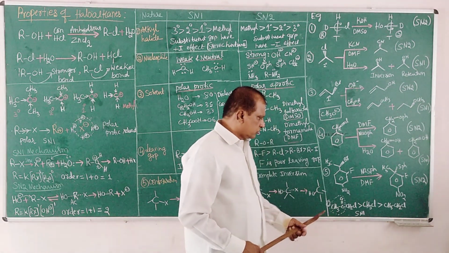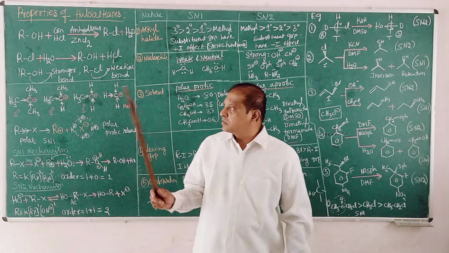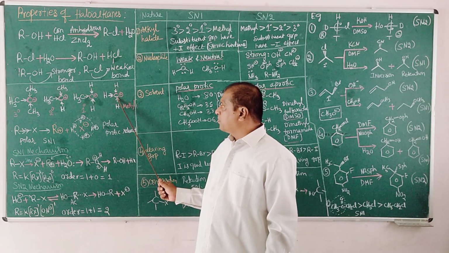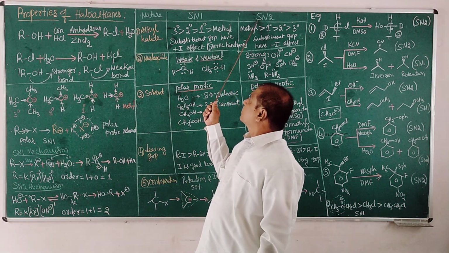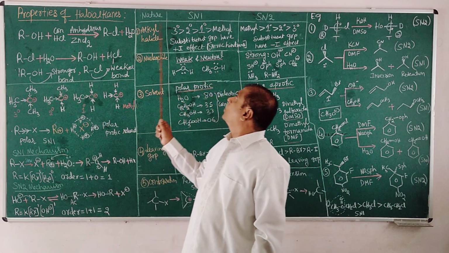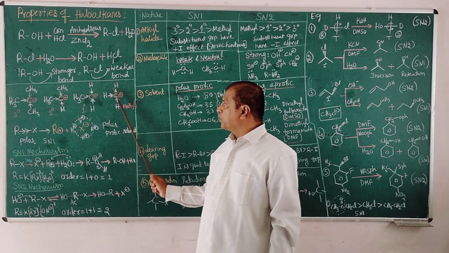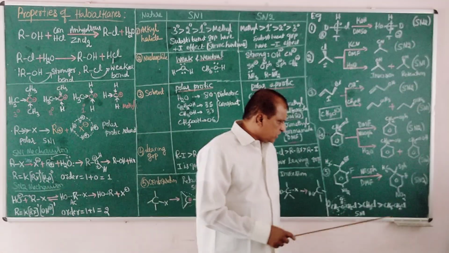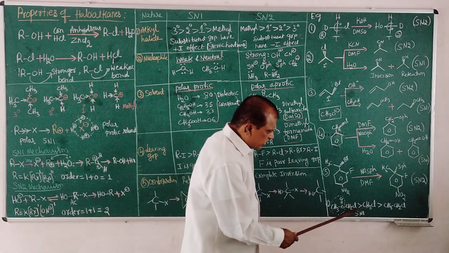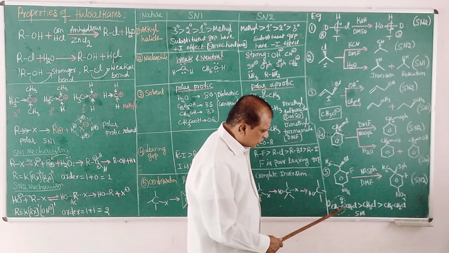And one more important point. Usually methyl undergoes the SN2 mechanism, and this one always undergoes the SN1 mechanism. Now, this is a methyl group, and here one H is replaced by a CH3CO group, an electron withdrawing group.